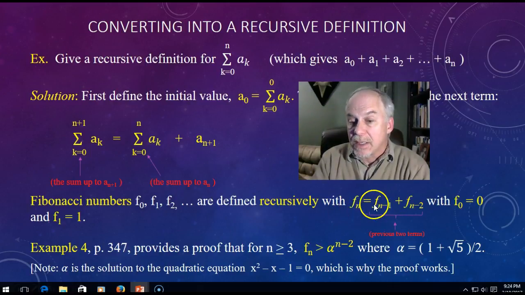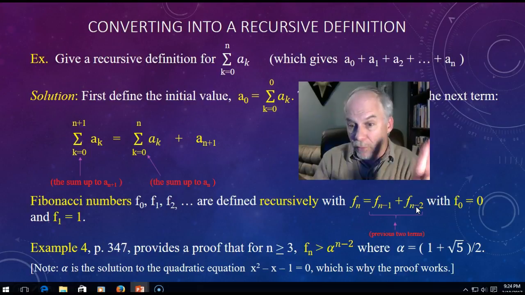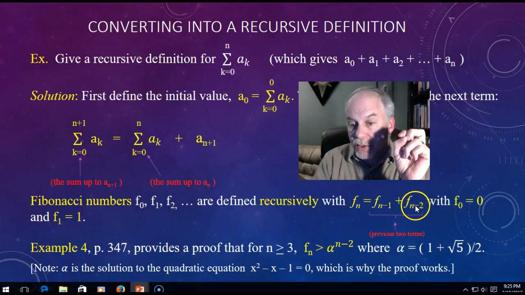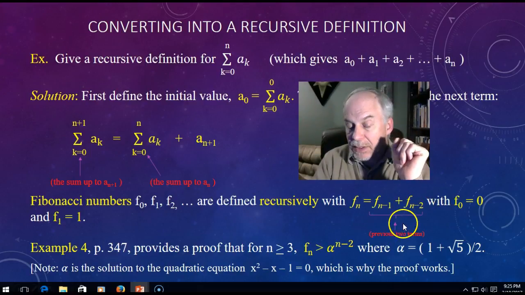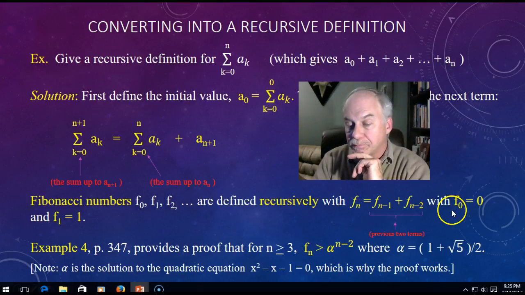F of n is equal to F of n minus 1 plus F of n minus 2. That means we're going to add up the previous term and the one 2 before the term we're talking about. So the n minus 1 term, which is just 1 before the term, and then the n minus 2 term, which is 2 before the term.